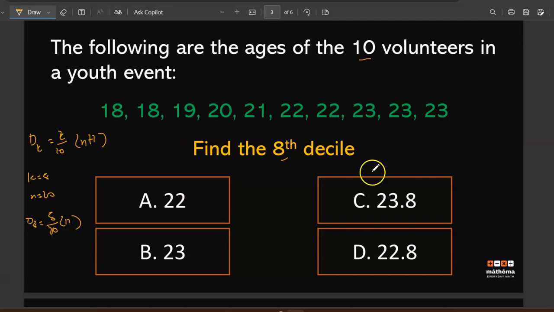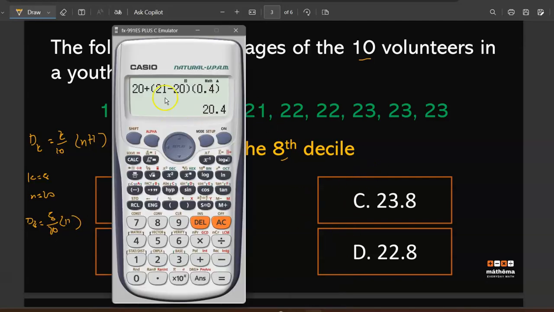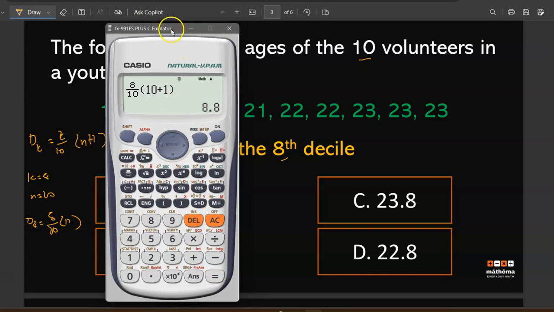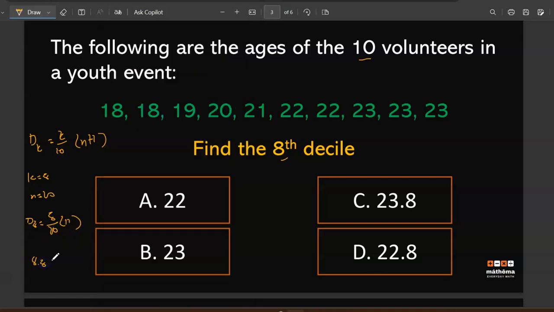Again, I am using the traditional approach here. So we will have 8.8, which is approximately equal to 9. What is the age at the 9th position? That is just 23. So my answer will be letter B, 23.